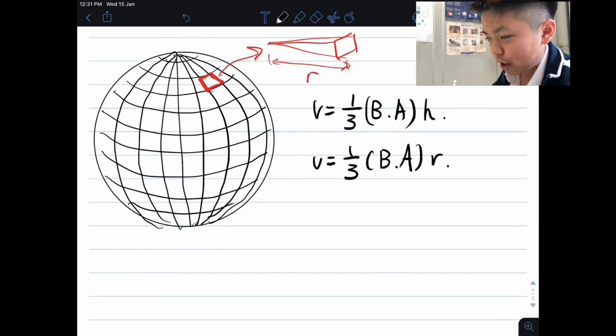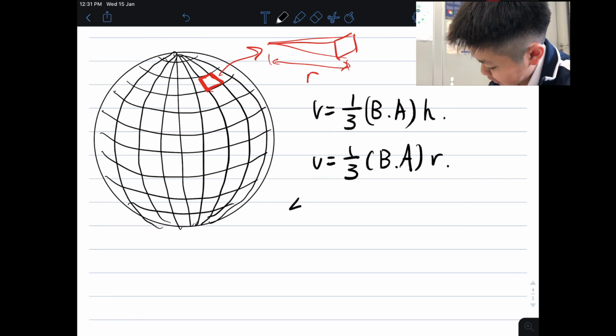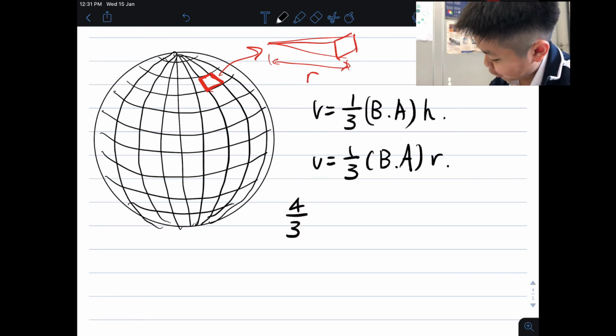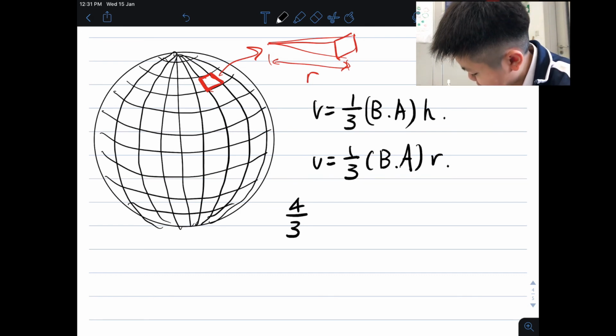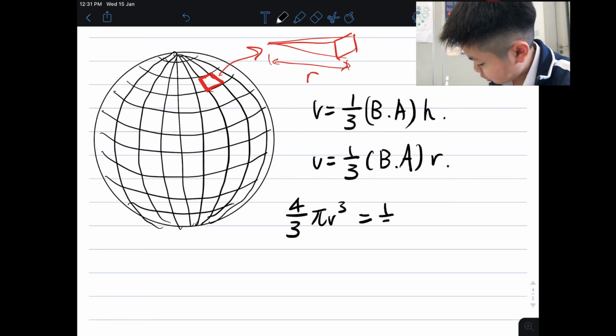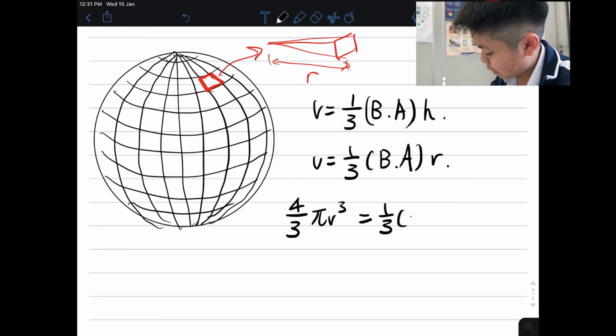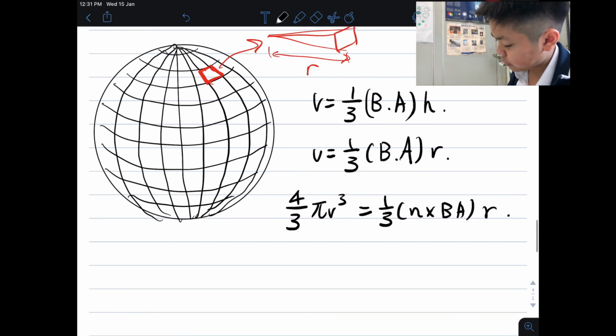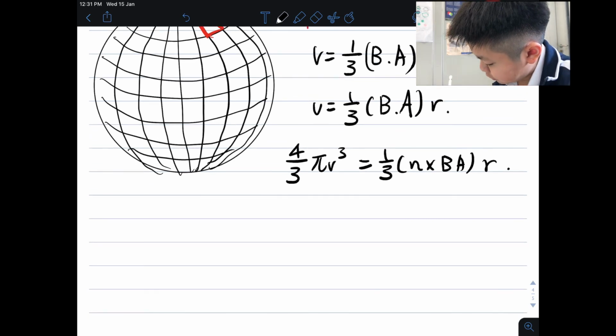According to Jedediah's proof, the volume of the sphere is 4/3 pi r cubed, which equals one third of the n base areas times r, which leads to the surface area of the sphere here.